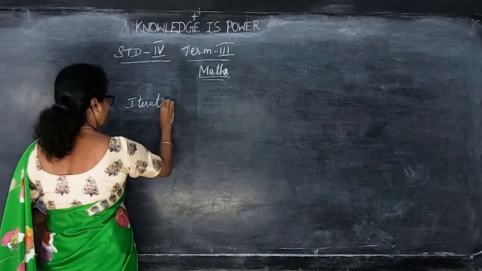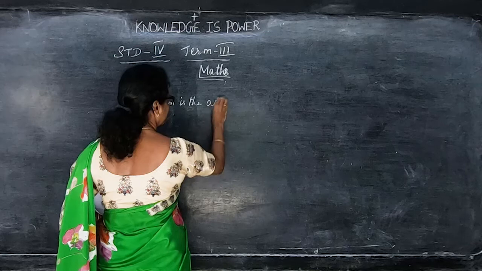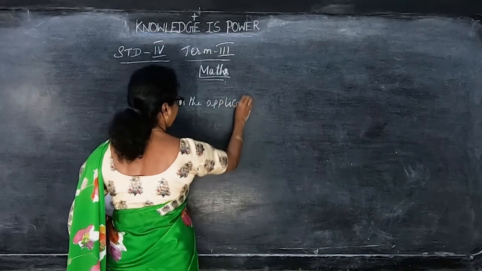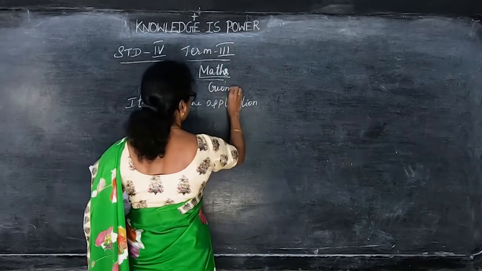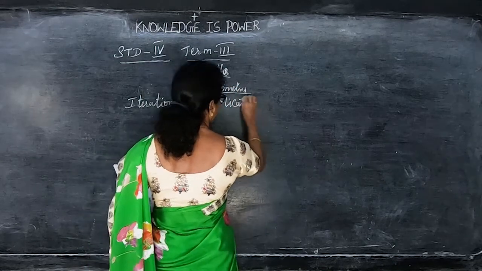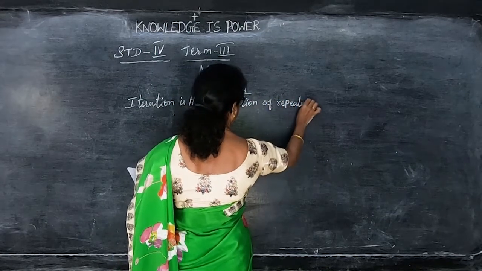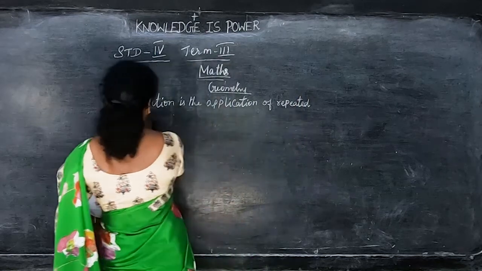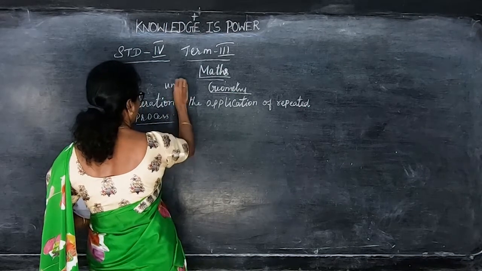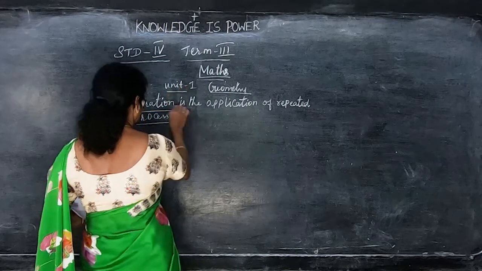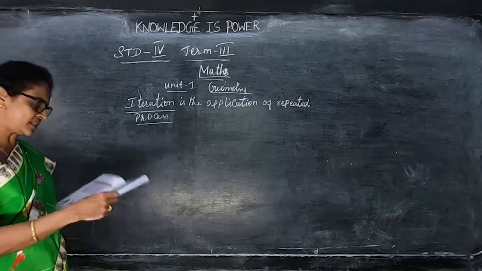Iteration is the application of a repeated process. Okay, this is known as iteration. So in this iteration you can draw circles, spirals and ovals.